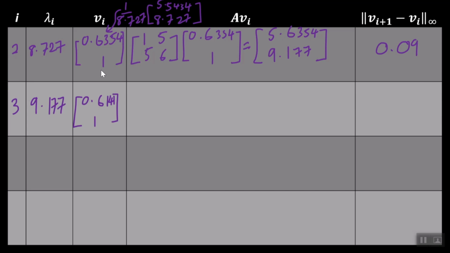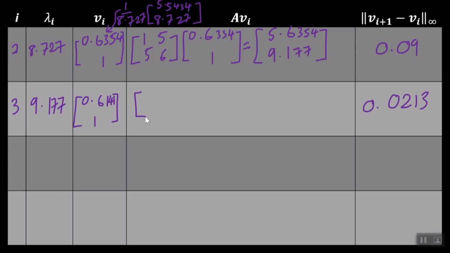So 1 minus 1 is 0. I would take this value minus this value, the absolute value of it. So 0.6354 minus 0.6141 gives us 0.0213. So we need to continue more iteration because it's not less than 0.01.